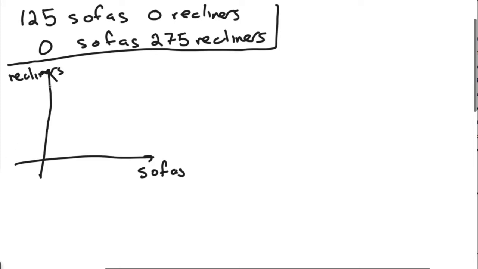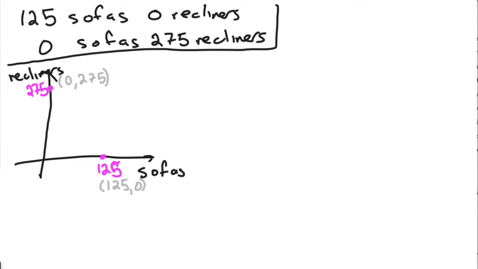If I just guesstimate here, let's say this is where 275 recliners would be, and down here, this is 125 sofas. As a point, the coordinates of this point would be 0, 275. And the coordinates of this point would be 125, 0, because the first value is the x-axis, the second is the y-axis.